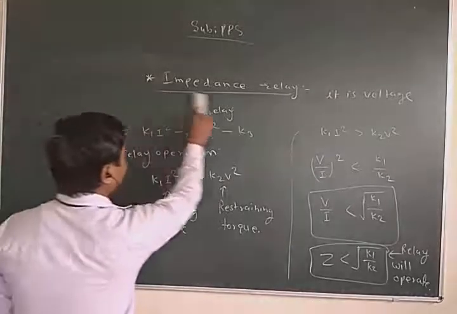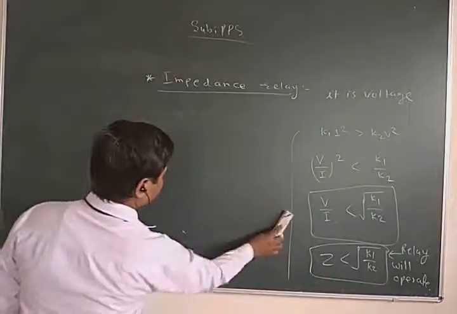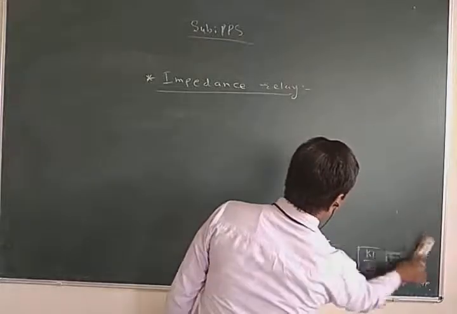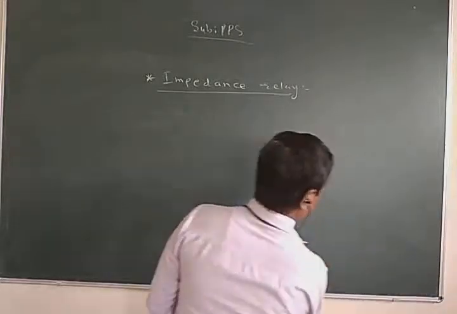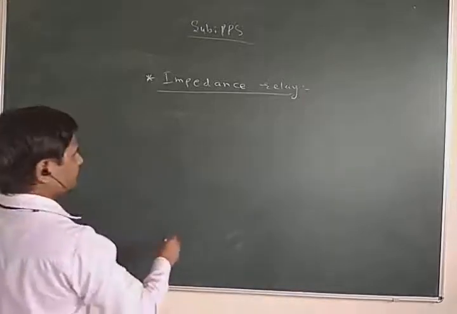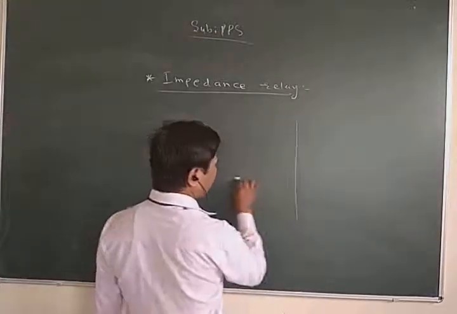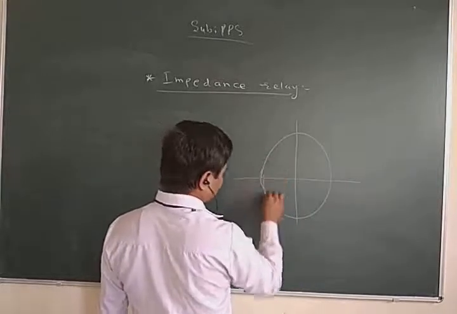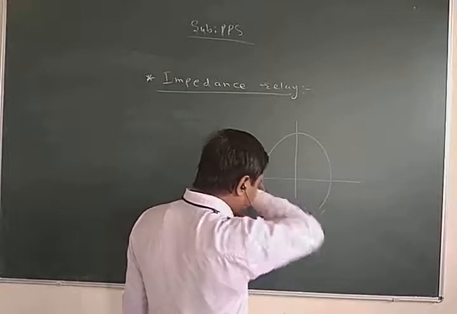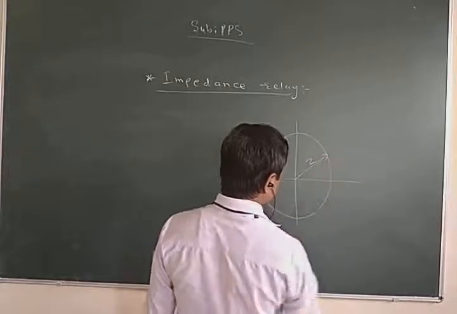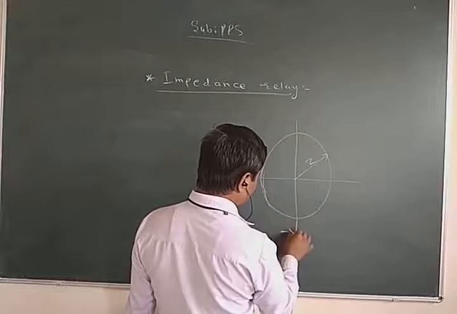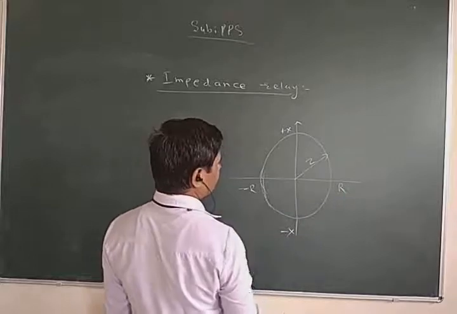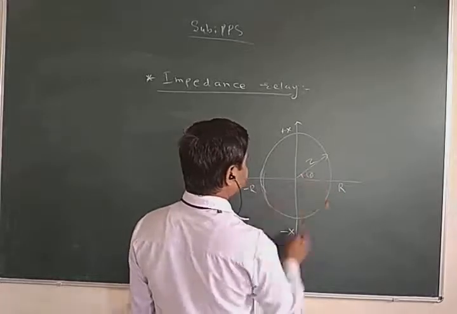Now, the characteristic of the relay. The operating characteristic of this relay is represented by a circle. This is minus X, plus X, R, minus R, theta.